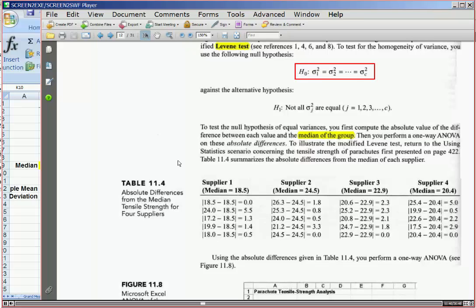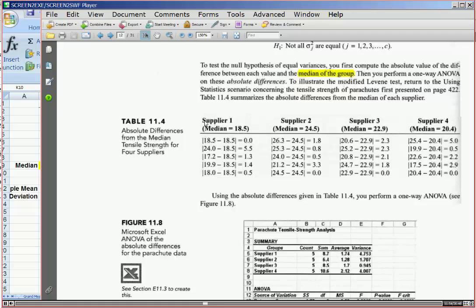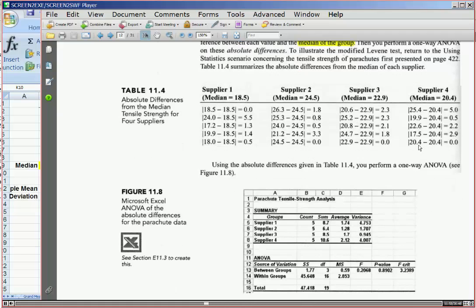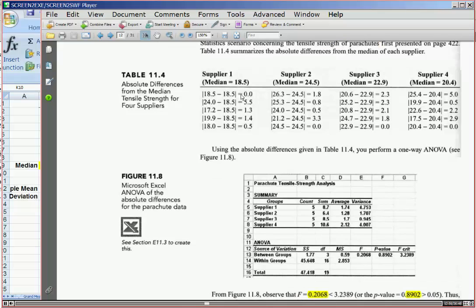To illustrate the modified Levene test, once again, this is the modified Levene test, return to the Using Statistics scenario that's in the beginning of the chapter. We're going to reproduce this table, and from these values we'll run the one-way ANOVA, which will reproduce this table over here.